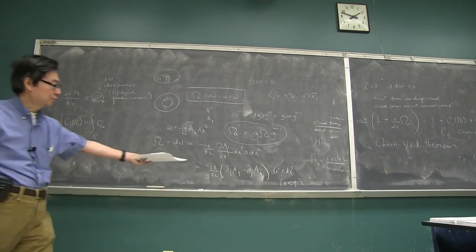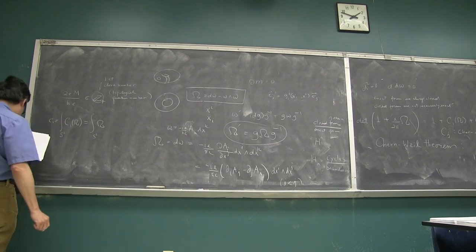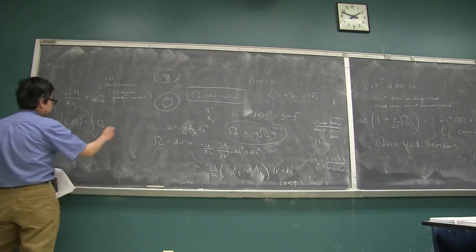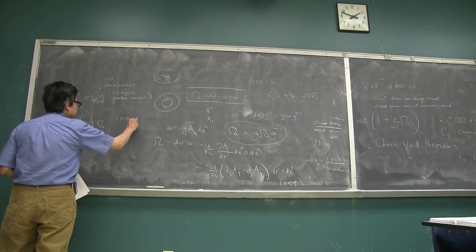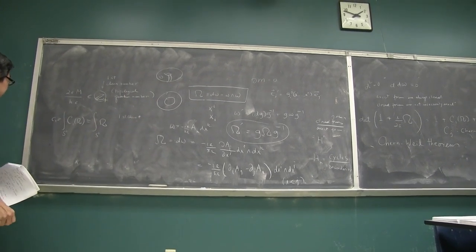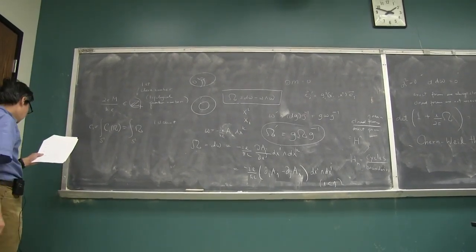Omega here is considered as a two form like that, okay? And this is called a first Chern number, according to our mathematical definition. It's number 1 in here, called the first Chern number, okay?